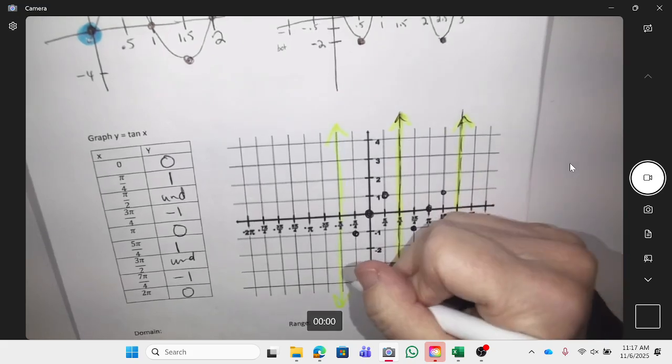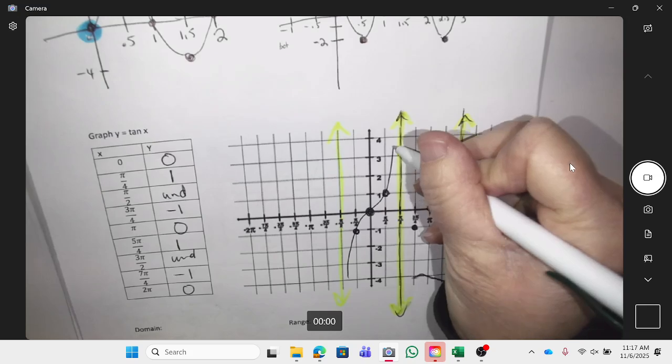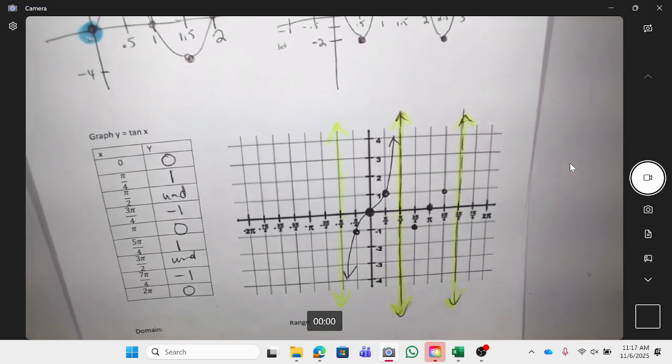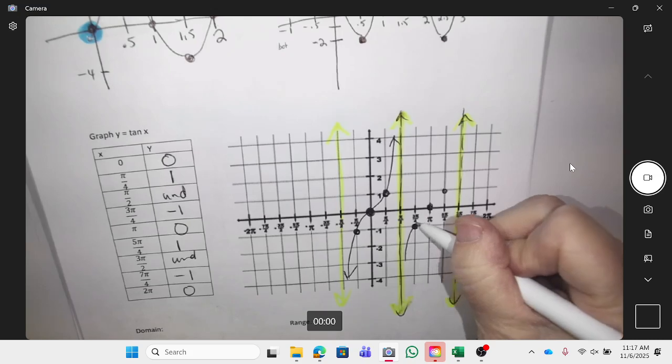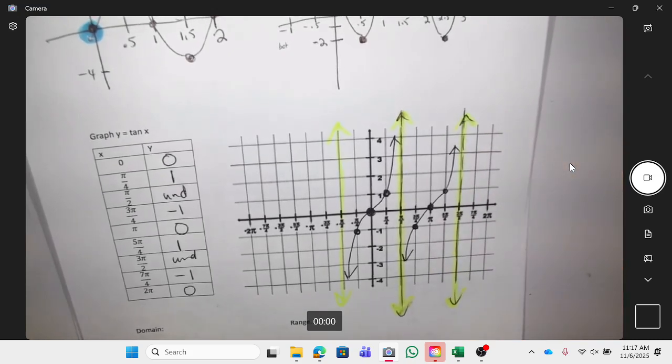Okay, so here's what it's going to look like. Kind of like a sideways S wave kind of thing. Graphically, when you have an asymptote, your graph always shoots up or flat, whatever you're doing, along it.